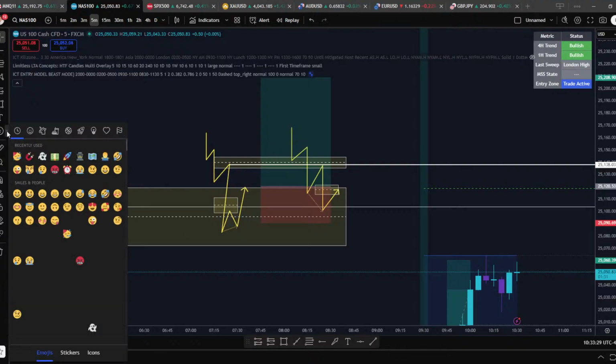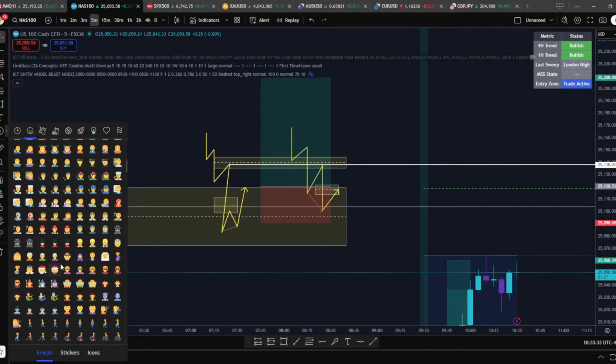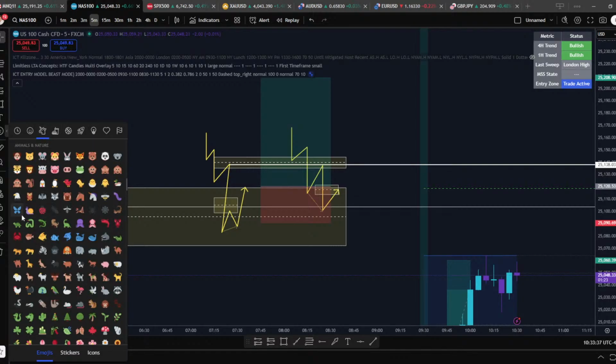Maybe that's a good... that's not a duck, is it?